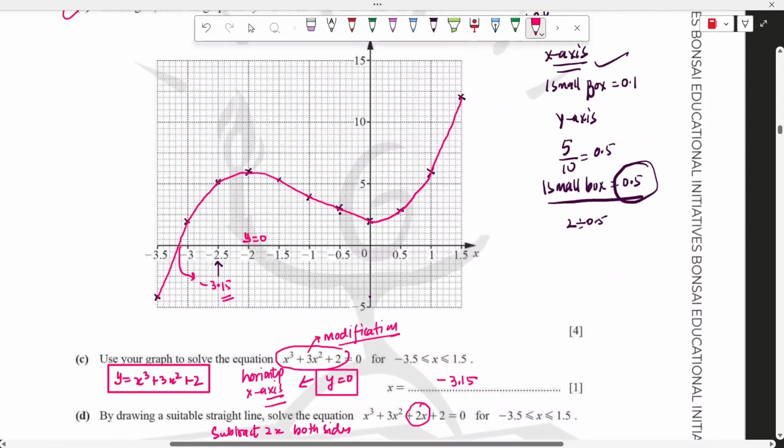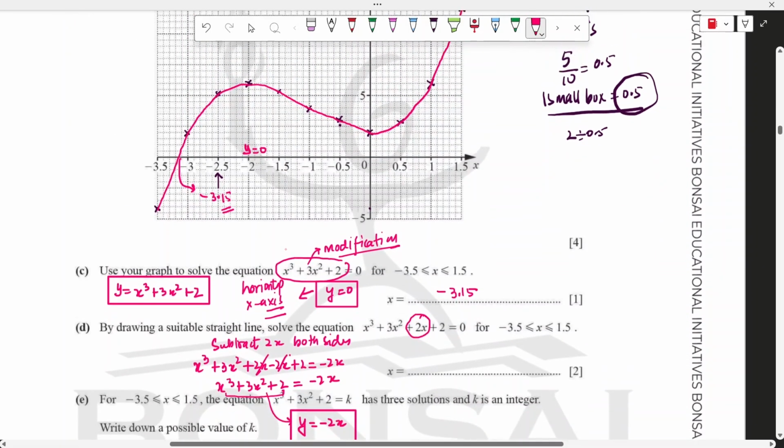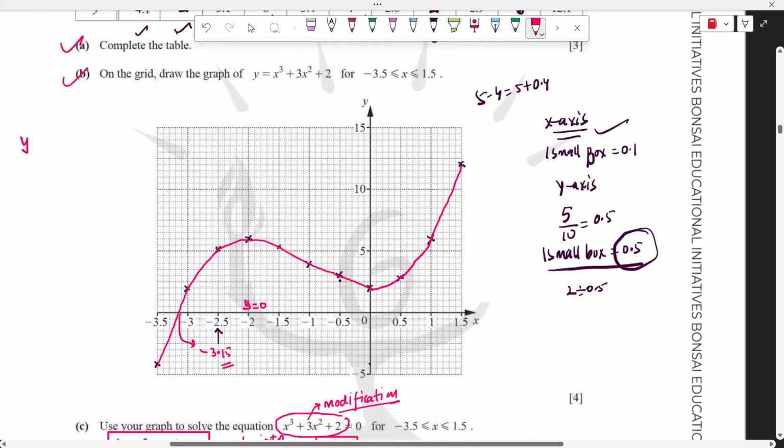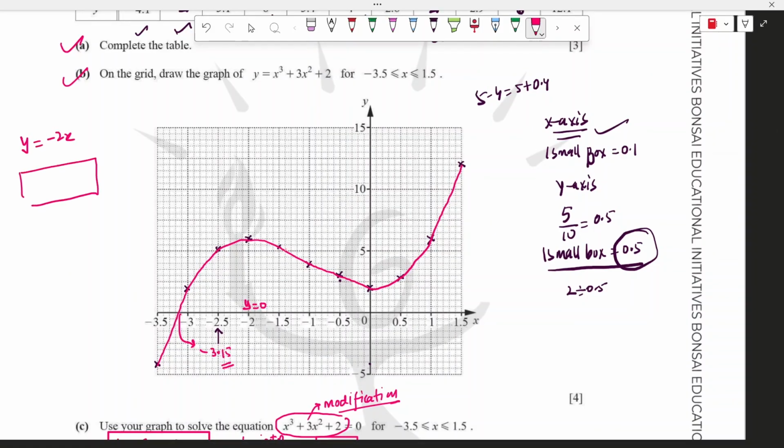Let us draw this. y equals minus 2x. So what you need to do is draw a little table here and put some values of x and y. If I put x equals 0, you get y equals 0. If I put x equals 1, you get y equals minus 2.